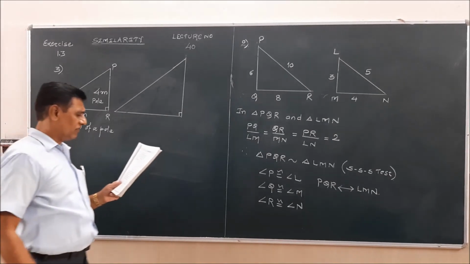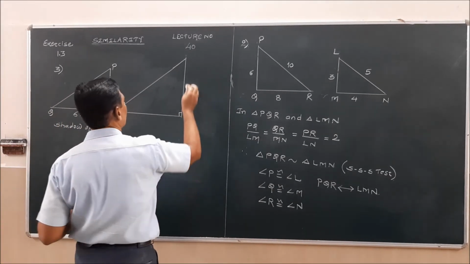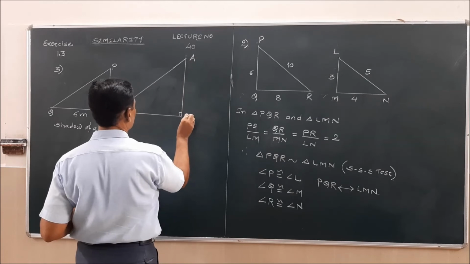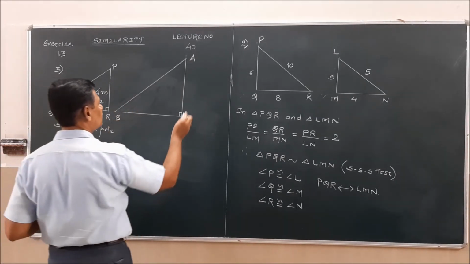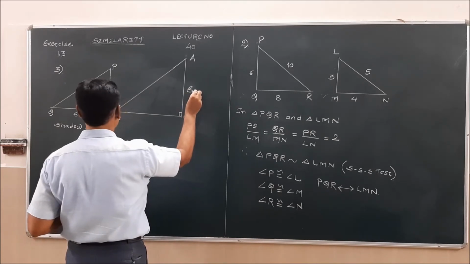Likewise you will find ACB, in which the height of the pole is 8 meters.